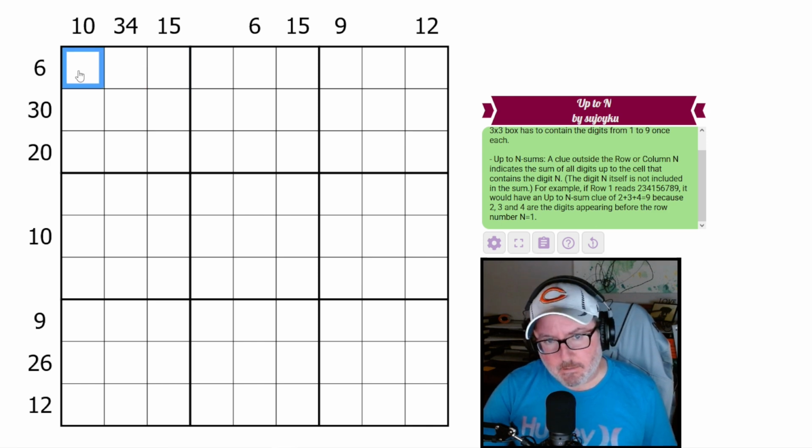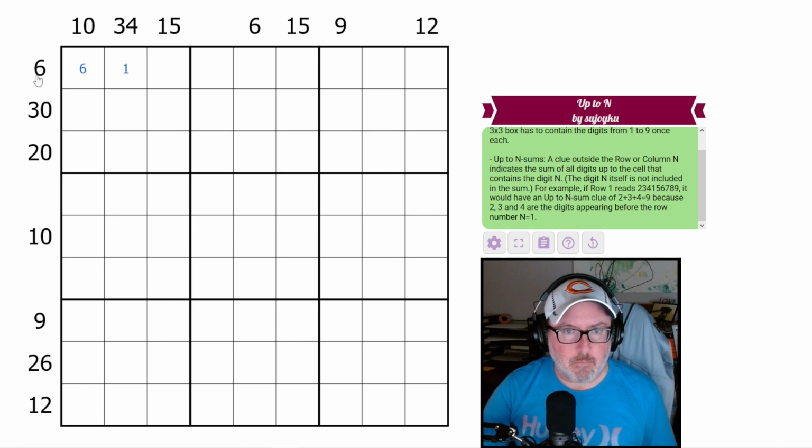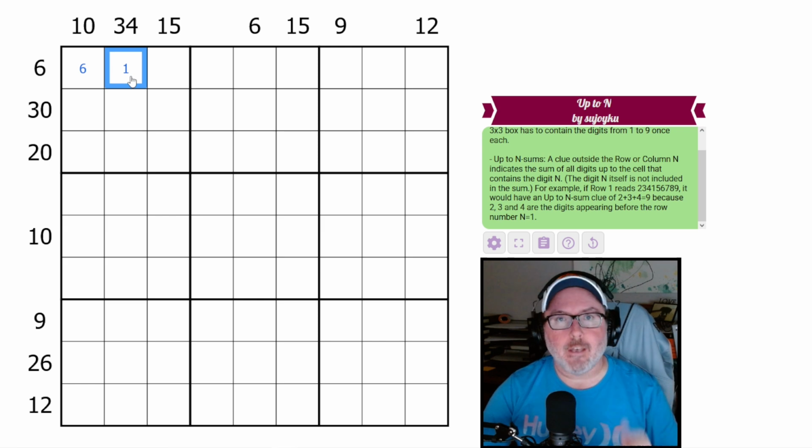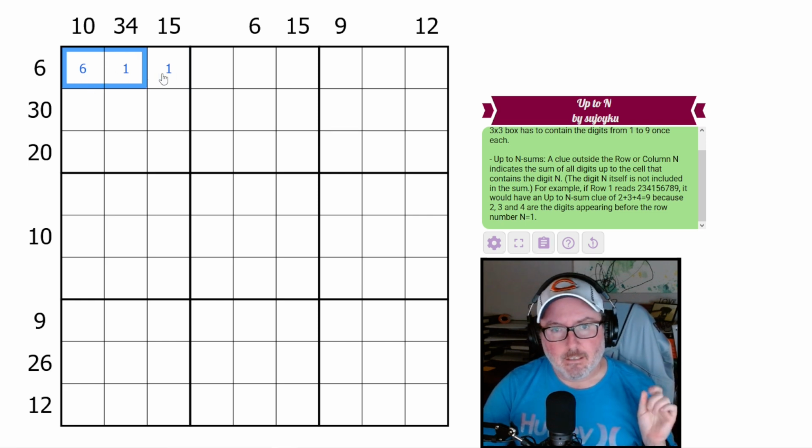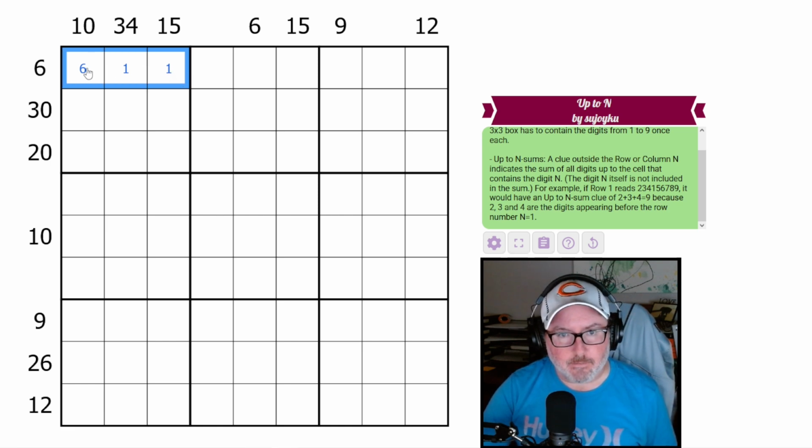Let's think about those, because again, the option is this could be a 6 and a 1. We're in row 1, so we would have seen the 6, so we've made our value. Now we see the 1, so we stop. We've gotten up to that n sum. Now, if the 1 is not here and it's here instead, that means these 2 digits will add up to 6. Obviously, we wouldn't be able to use the 1, so it would be a 2-4 pair and not the 1-5 pair.